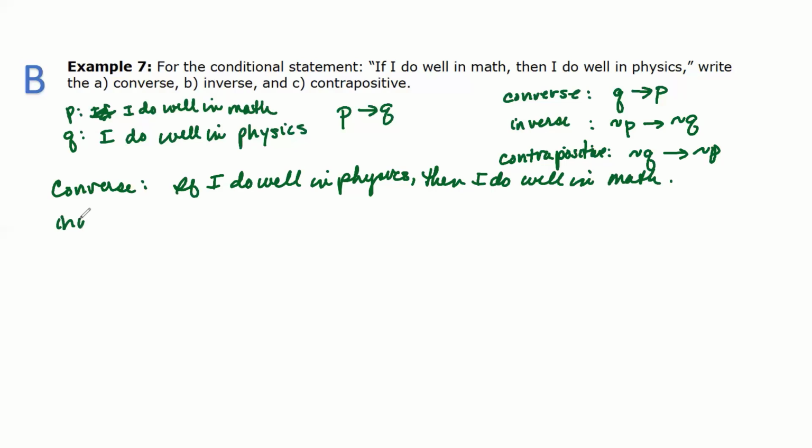Our inverse is keeping the order the same, but negating. So if I don't do well in math, then I don't do well in physics.